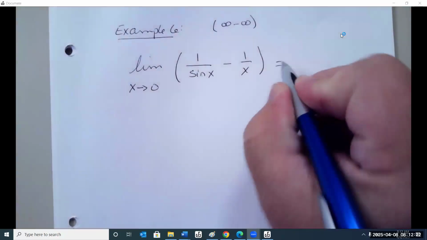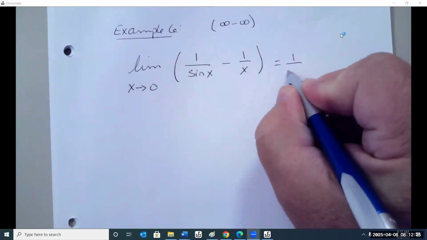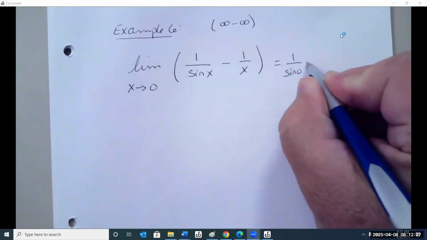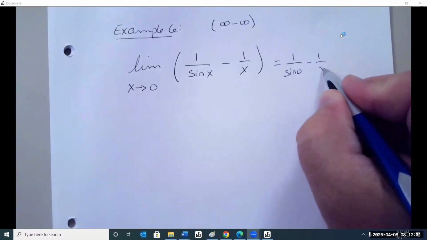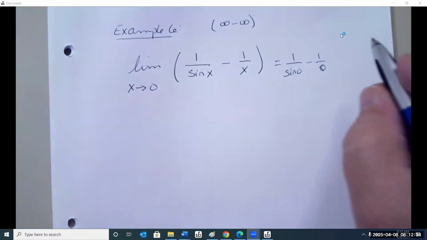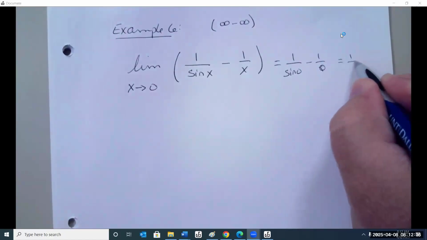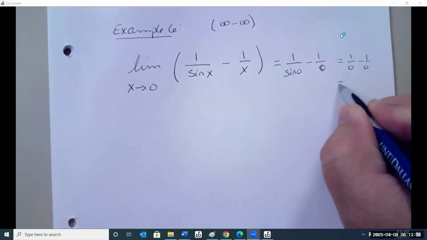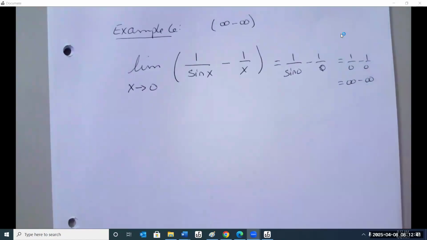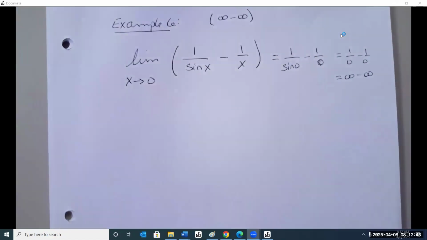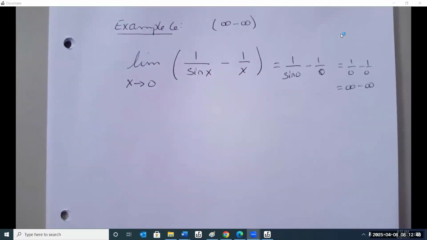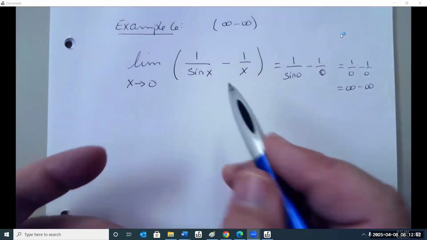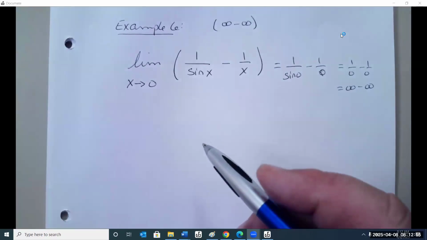Because if we just plug in the x's, we have 1 over sine of 0, so it's 1 over 0 minus 1 over 0, which is infinity minus infinity. We can't use L'Hopital's rule because it's not a quotient, it's a difference.